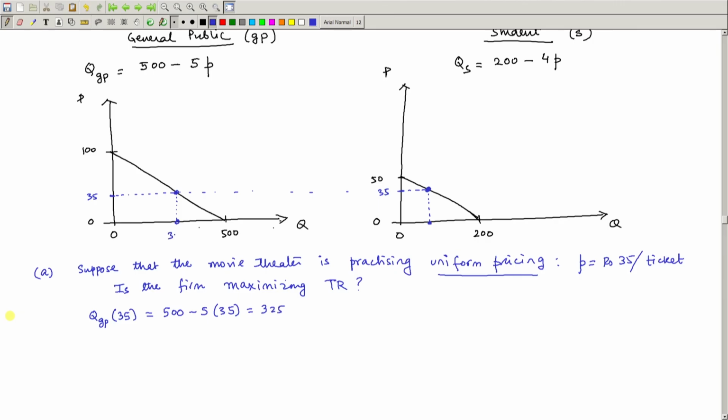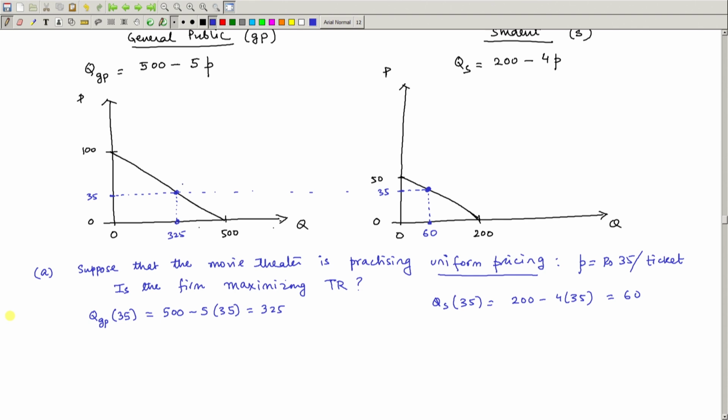So, 325 tickets are sold to this group. Similarly, for the student group, the number of tickets sold when the price is 35 rupees per ticket is 200 minus 4 times 35, which is 200 minus 140, which is equal to 60.